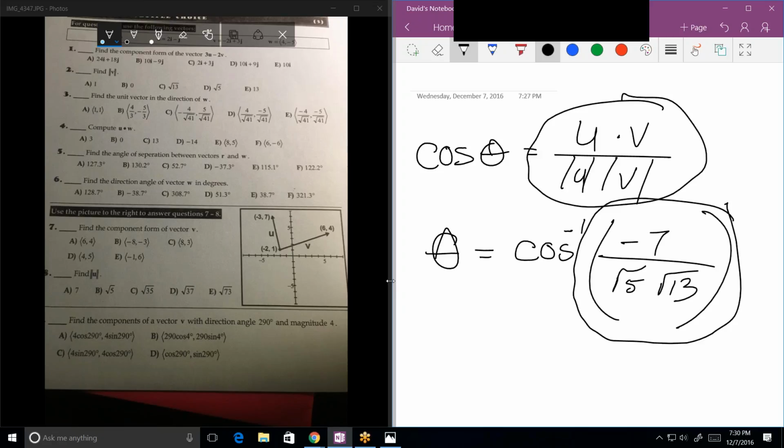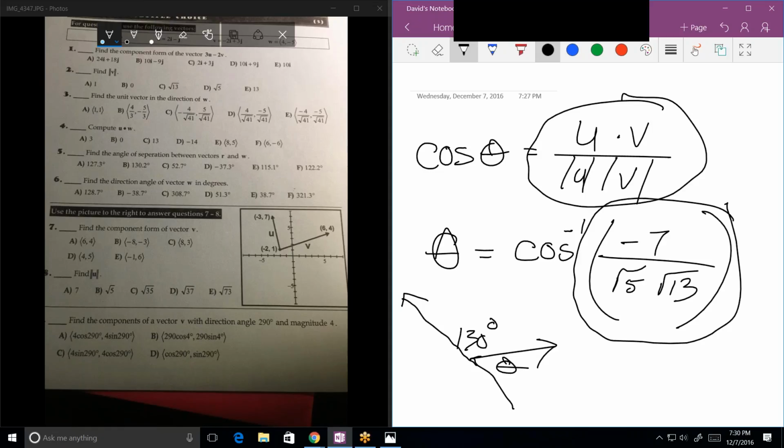In other words, if one vector is going like that and the other vector is going like that, you can certainly have an obtuse angle of 130 degrees. There's nothing that prevents that. But usually when they talk about the angle between two vectors, they talk about the acute angle, they talk about theta right there.